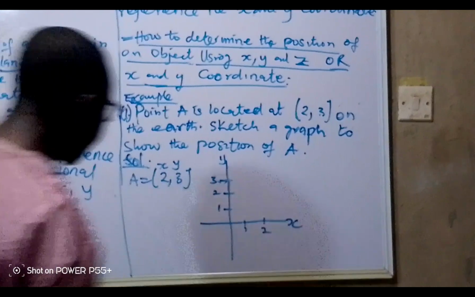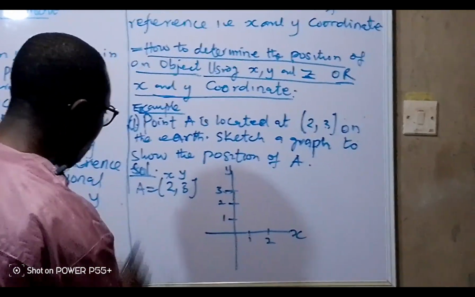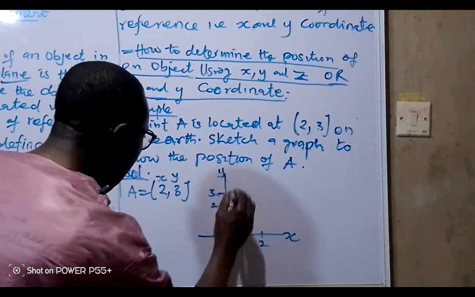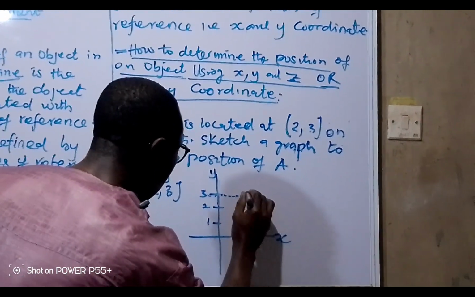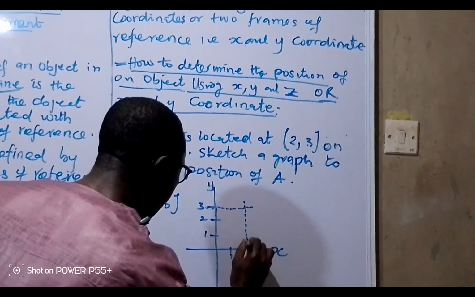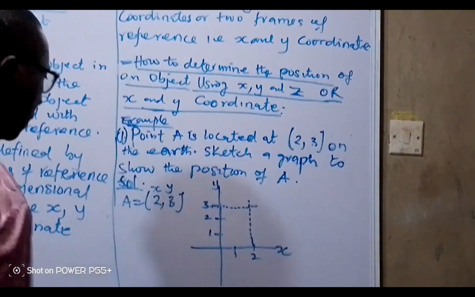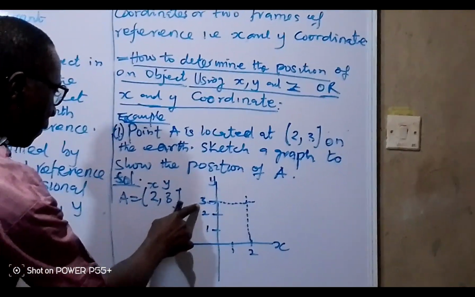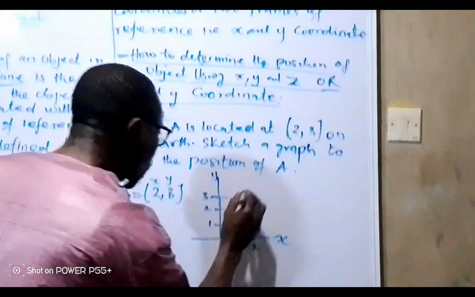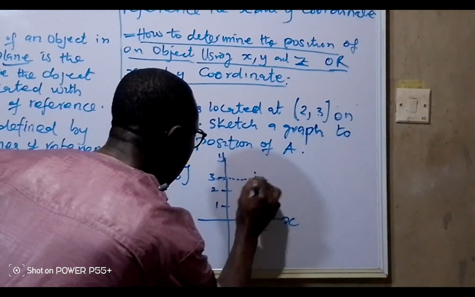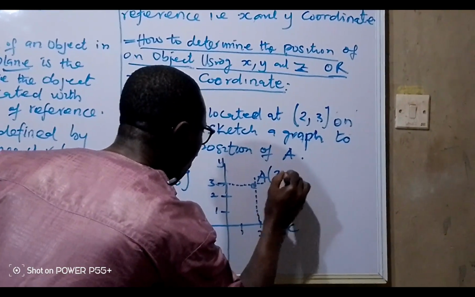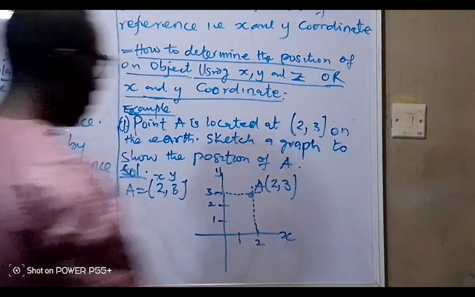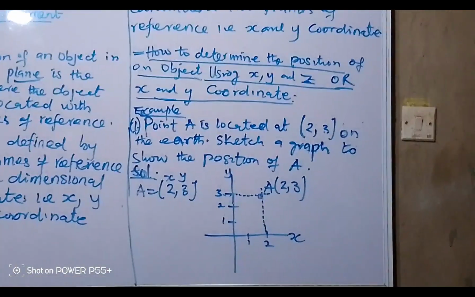To show this one now, X is 2, Y is 3. Now trace it, where the two lines intersect, on 3 for Y and on 2 for X. So this is the position of that point A, that is (2, 3). That's the correct answer to that one.